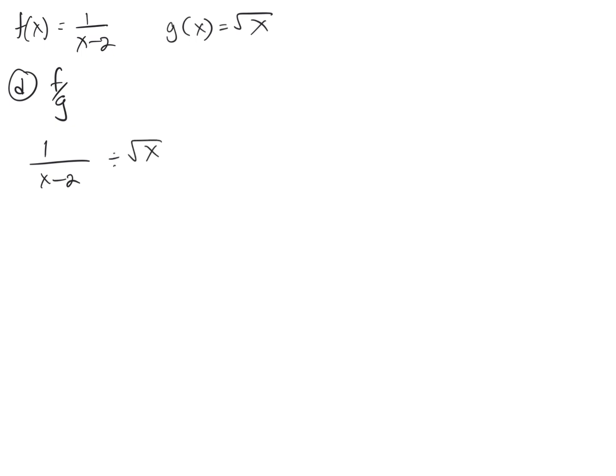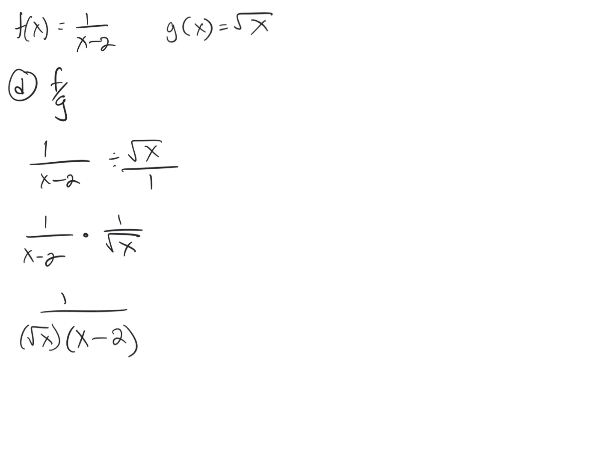Now remember, when you're dividing a fraction, remember this is an over 1 statement, so you can always do keep, change, flip. So it would be 1 over x minus 2, change the sign, 1 over root x. So when I combine them, I get 1 over root x times x minus 2.